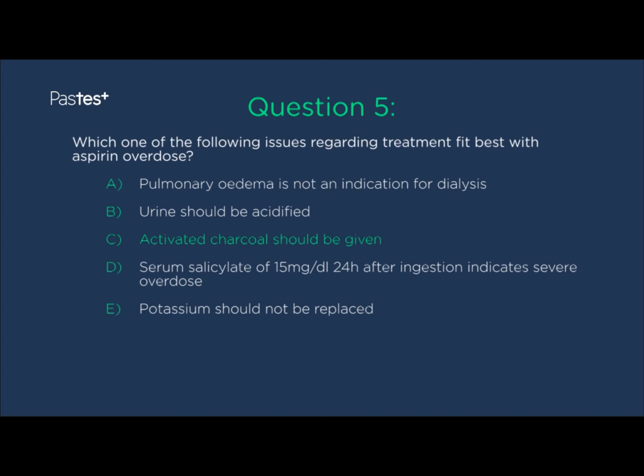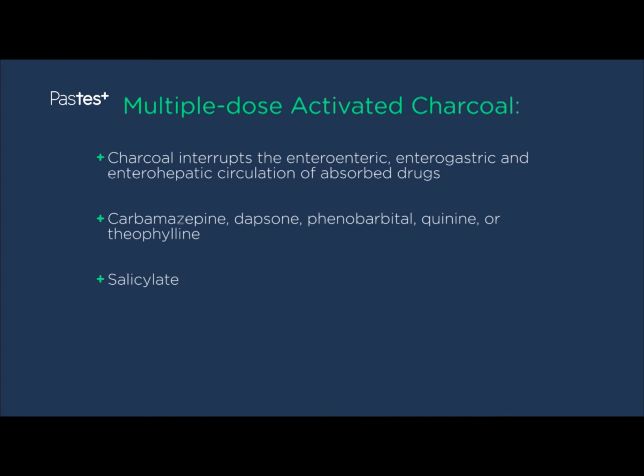Urine should be alkalinized. Serum salicylate indicating severe overdose? They do not. They are only 110. And potassium should be replaced. Potassium is 3. I would probably cautiously replace that. The right answer would be C. I think this question highlights the use of activated charcoal.